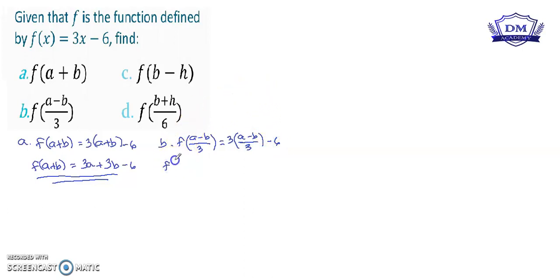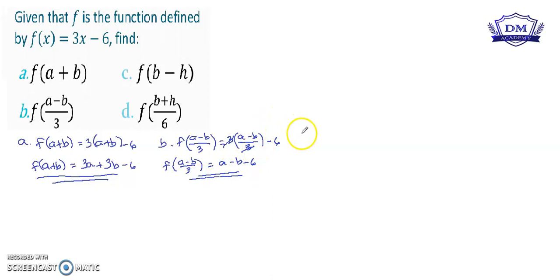So f of a minus b all over 3 is equal to 3 times the quantity a minus b all over 3, which is just a minus b, because here we can cancel out 3. Then minus 6. So our f of a minus b all over 3 is a minus b minus 6.